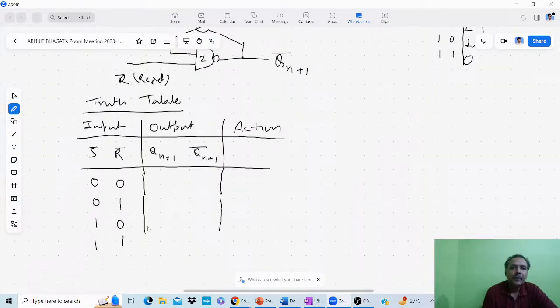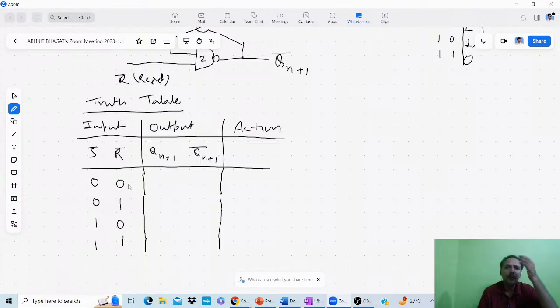Clear? Now, first we discuss 0 1 and 1 0 as before, then at last we discuss 0 0 and 1 1.